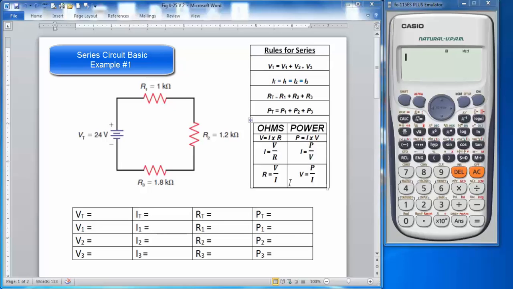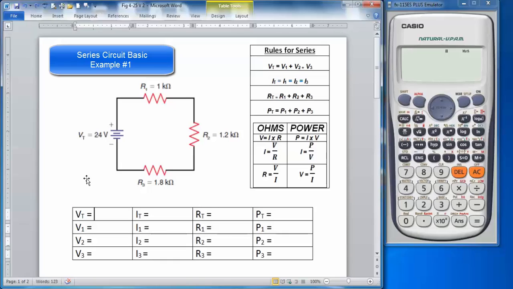So the first thing that we want to do when we begin to calculate one of these circuits is to fill in our known values. So what do we know? We know that we have 24 volts total voltage. What else do we know? We know that we have 1 k ohm on R1, we have 1.2 k ohms for R2, and we have 1.8 k ohms for R3.